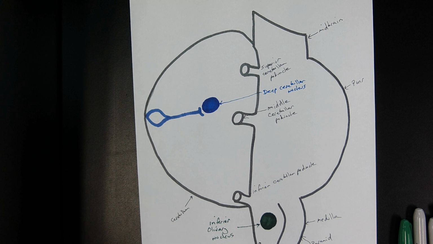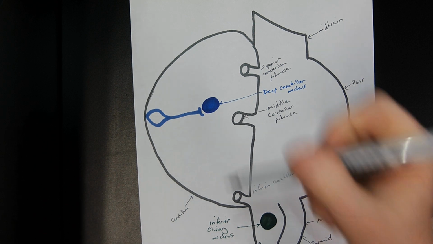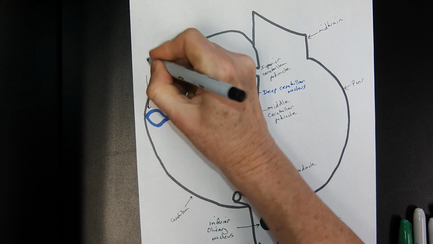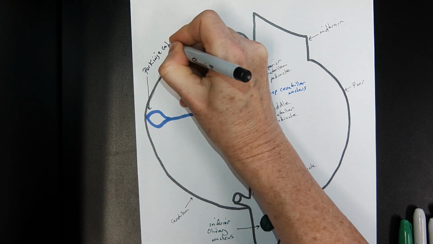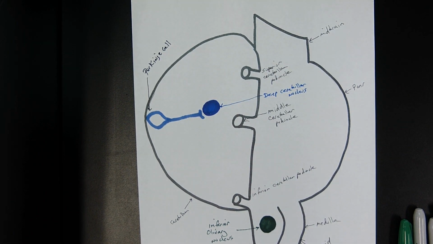Let me label that. So the Purkinje cell is nothing more than a relayer of information to the deep cerebellar nucleus. There are hundreds of thousands of Purkinje cells, and they line every different cerebellar functional region. We're going to see that here in a minute. But the most important thing to know is your Purkinje cells are hooked up with the deep cerebellar nucleus.